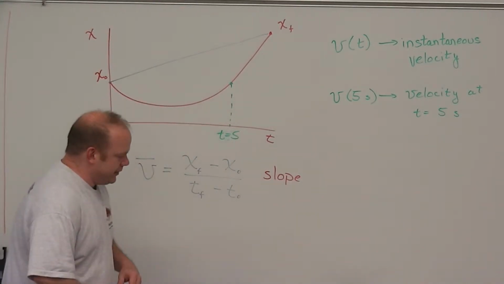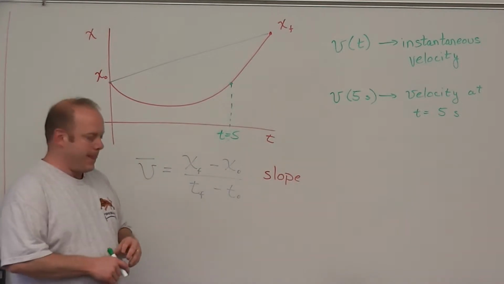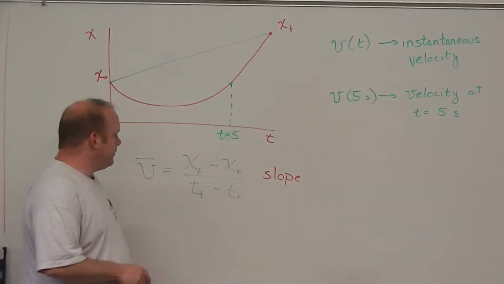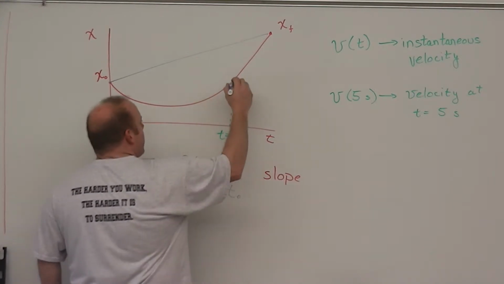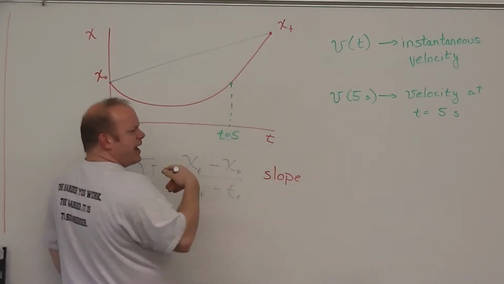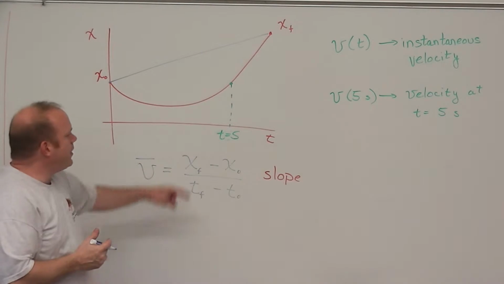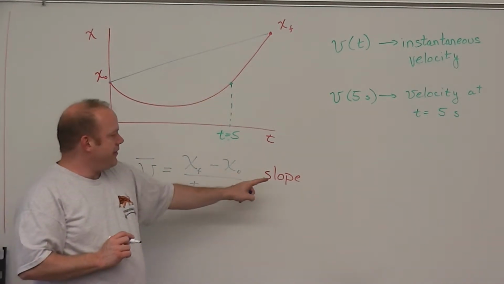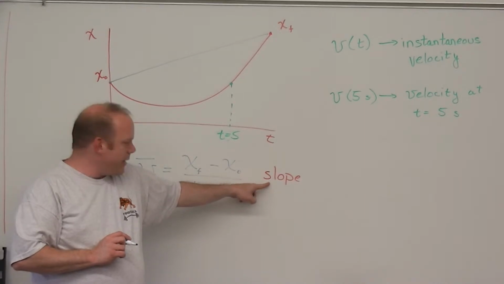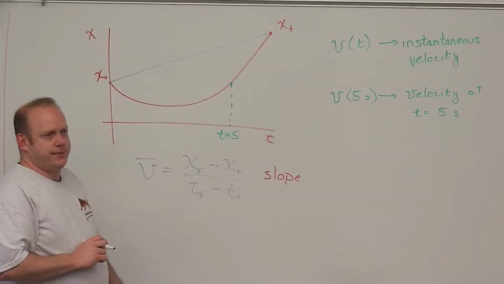So now, if I wanted to figure this out, a couple of things I could do. If I don't have any knowledge of calculus, and I wanted to figure out the velocity here, I know that the slope of a position versus time graph is velocity.